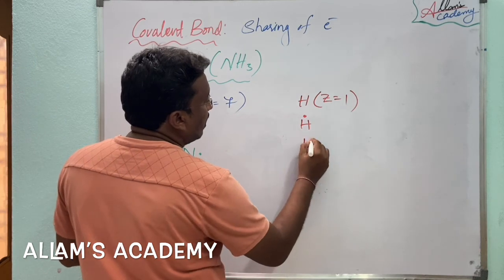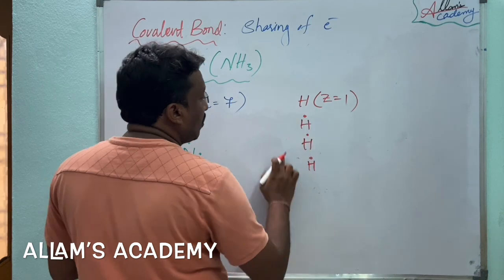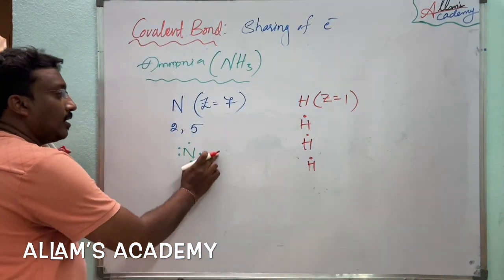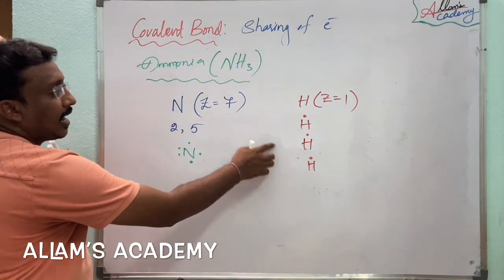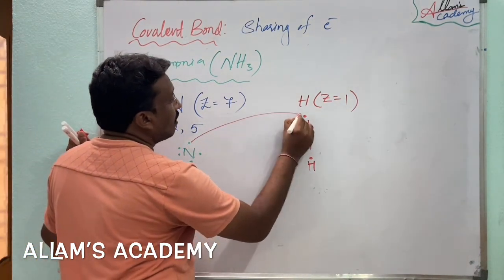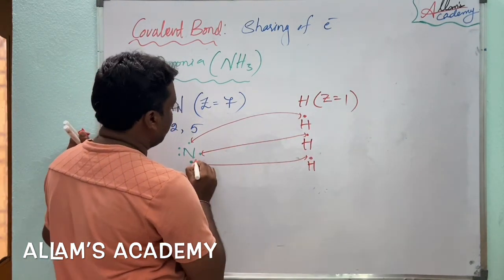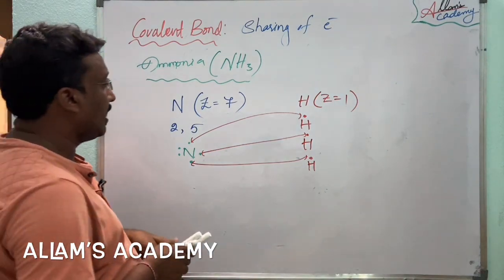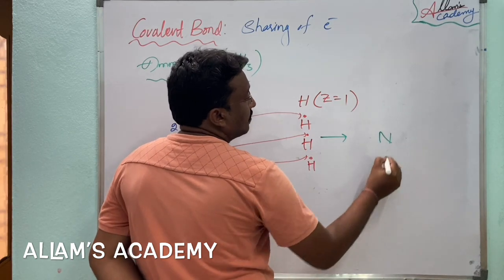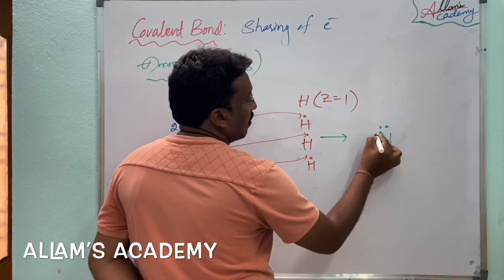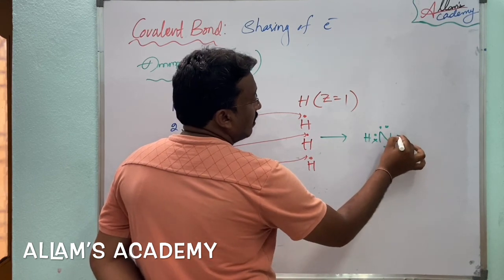The same hydrogen, H, H. So these 3 hydrogens and this nitrogen atom, like this. Then bond formation takes place between these, and finally ammonia is formed.